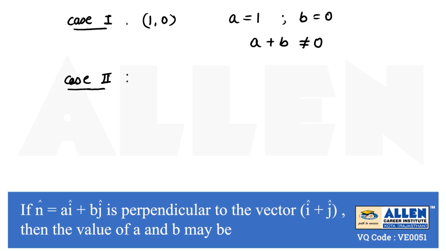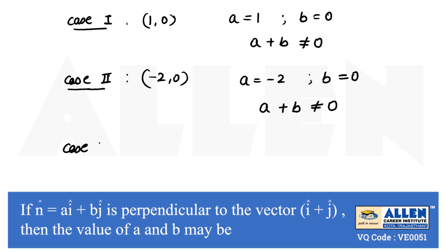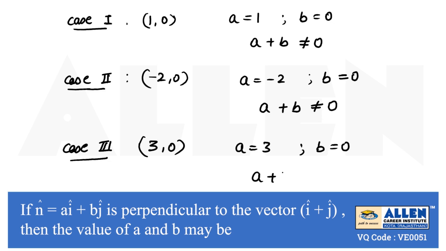Second case, minus 2, 0. Suppose we consider a equal to minus 2 and b equal to 0. Again, a plus b is not equal to 0, which has to be the requirement of our case. Third case, in which 3, 0 is given. If we consider a equal to 3 and b equal to 0, again a plus b is not equal to 0.